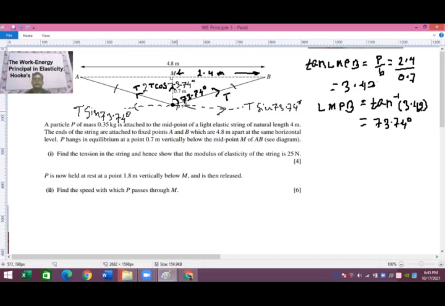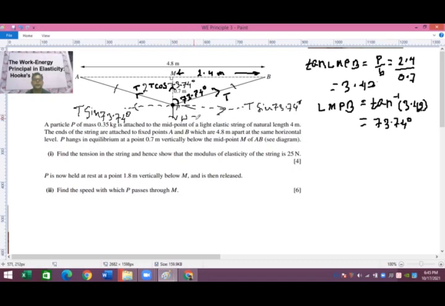And then what you can use here is this value, in order to find the tension in this string. So along this way, towards the downward direction, the weight acts downward because of the acceleration due to gravity.